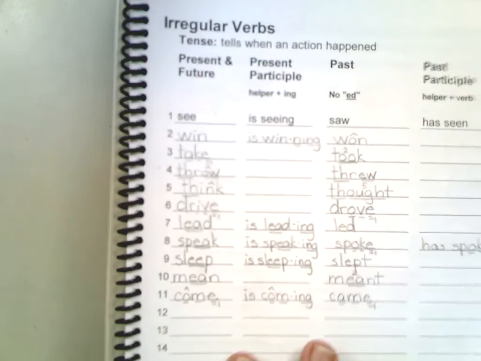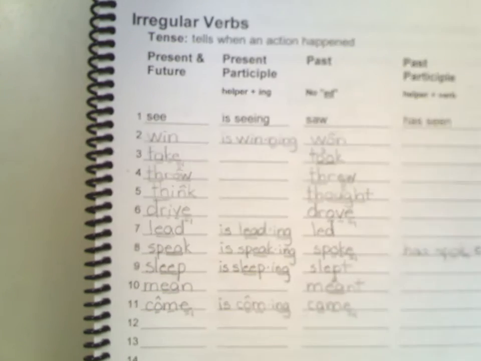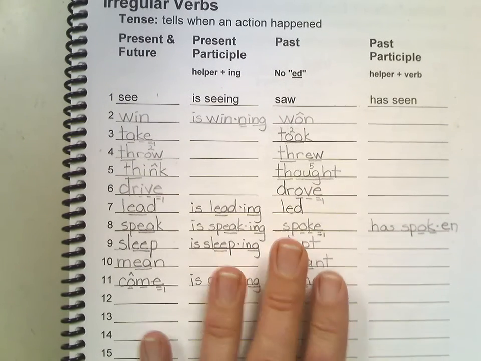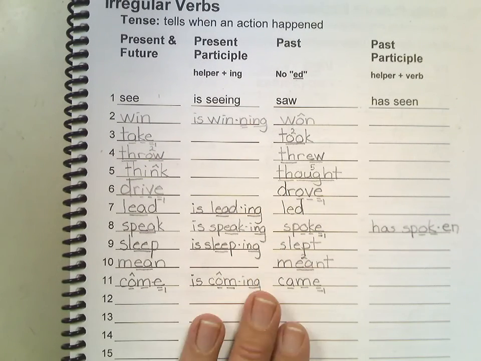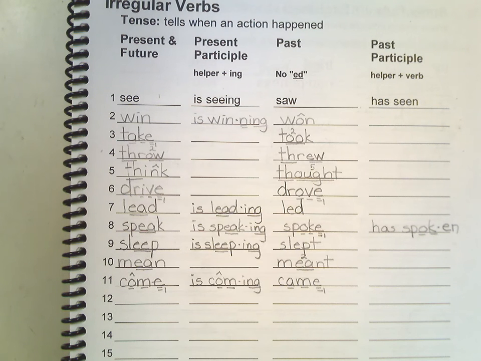Let's go to page 19 where we have our irregular verbs. Our irregular verbs are any verb where the past tense does not use ed, d, t, past tense ending. And we had an irregular verb today, and that was build.